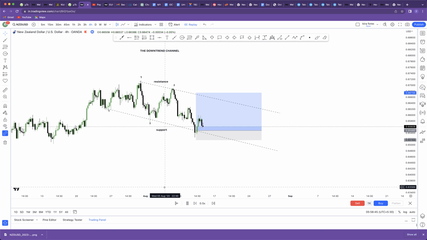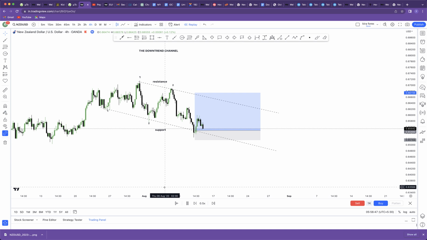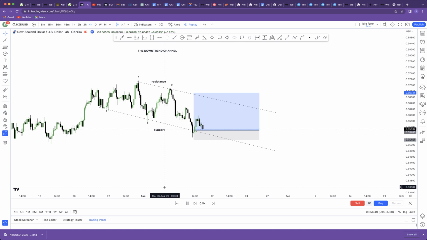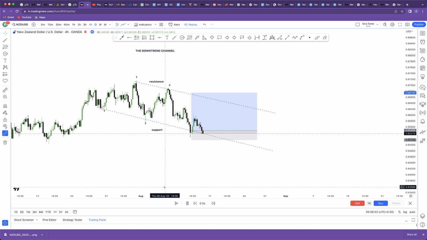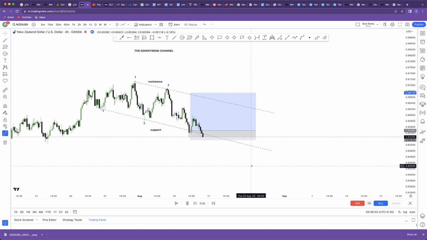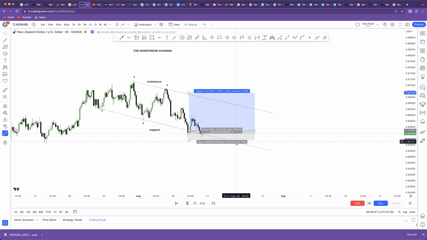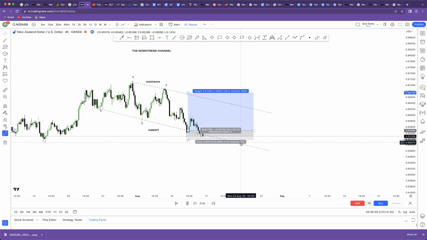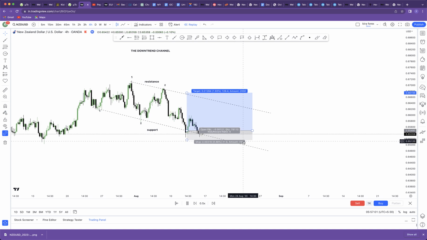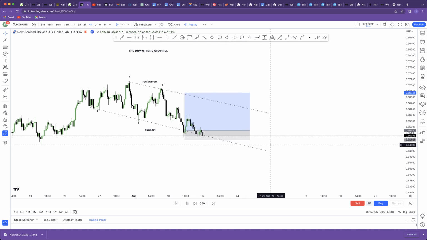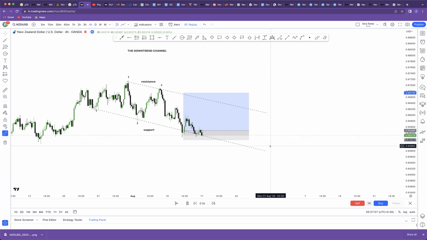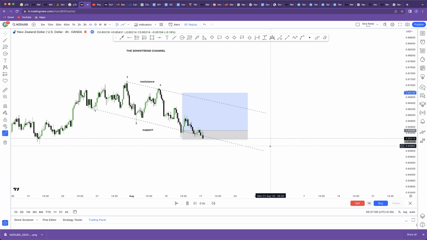Like I always say, if your SL is not triggered, you are still standing firm. You wait till your SL is triggered, then you can say that you are out of the trade. The risk to reward we have here is 1:4, which means that this trade is a valid trade.